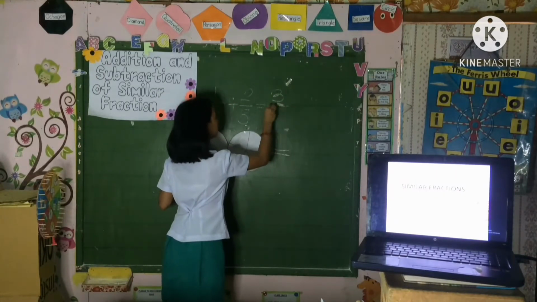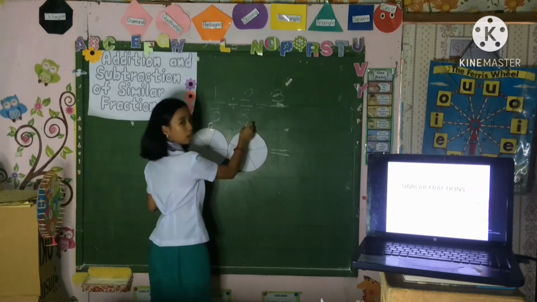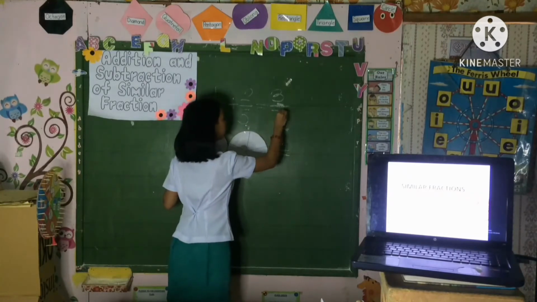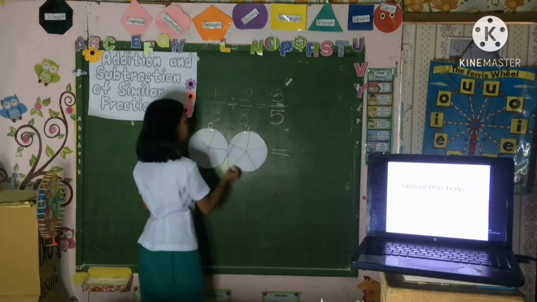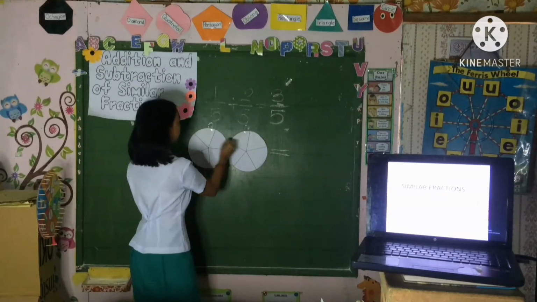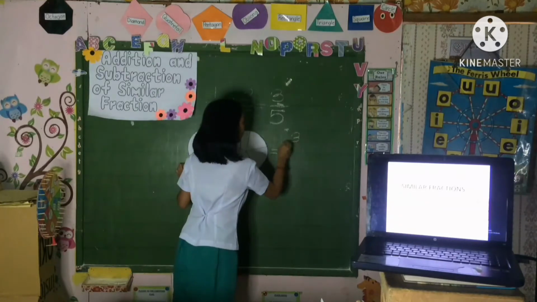Then copy the common denominator, 3 over 5. So in the illustration, 1 plus 2 is equal to 3 over 5.